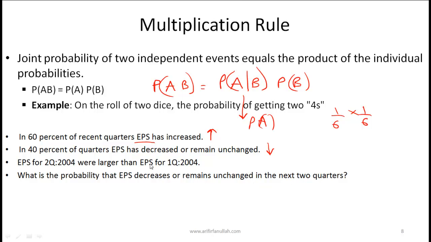Assuming that what happens in every quarter is independent, the probability of decreasing or remaining unchanged, as we've seen here, is 0.4. Since these two events are independent, the probability of the same thing happening in 2 quarters is simply 0.4 times 0.4, which is equal to 0.16.